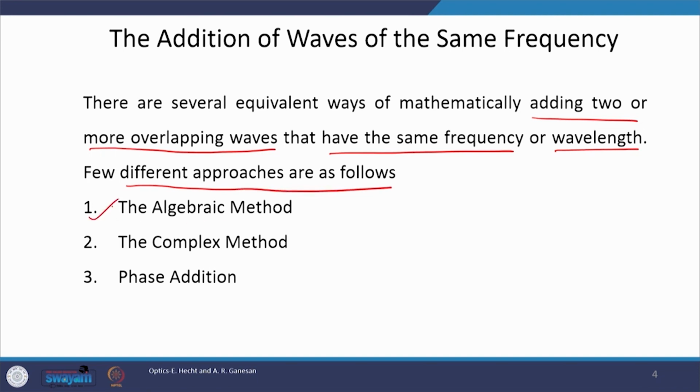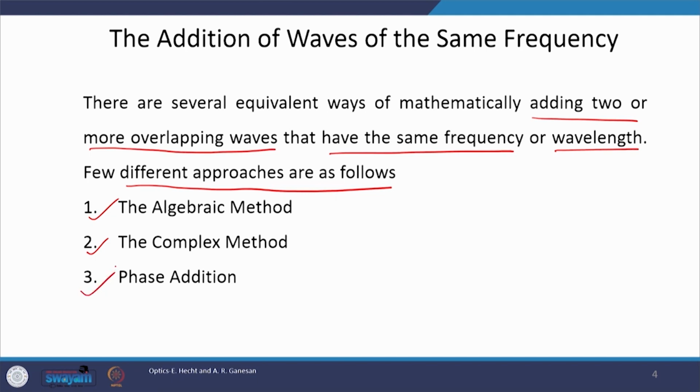The first one is the algebraic method, where we represent our wave function psi as a sin(omega t minus kz) or a cos(omega t minus kz). The second method is the complex method, where we represent our wave function in complex form, that is psi tilde, and psi tilde would be equal to psi naught e to the power i(omega t minus kz). This is the second representation of the wave.